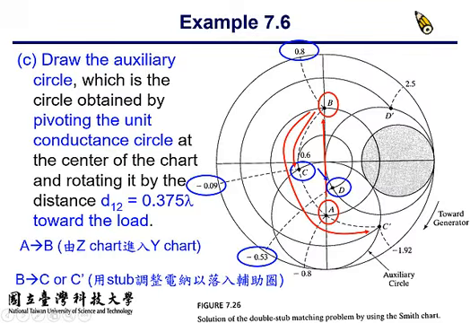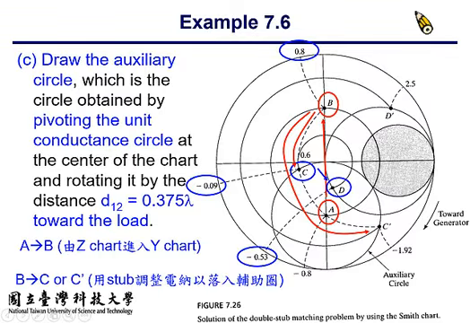So starting from point C, rotate clockwise by 3/4 of a circle, that is 270 degrees, to point D. And as we already mentioned, point D is located on the unit conductance circle.